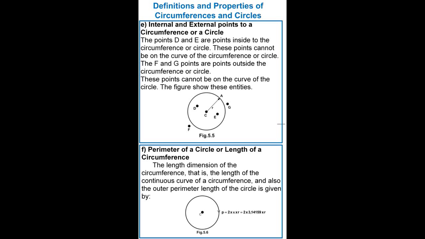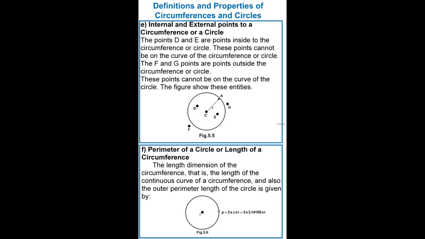The points G and E that have a distance smaller than the distance between the center and the point of the curve are called the internal points of the circumference or circle. The points F and G that have a distance to the center greater than the radius are denominated points external to the circumference or circle.